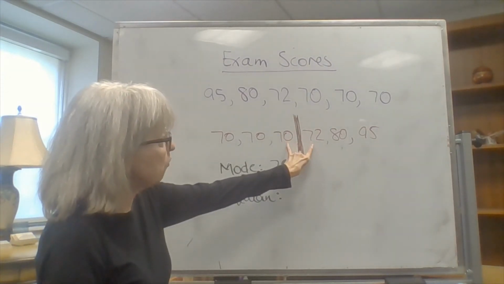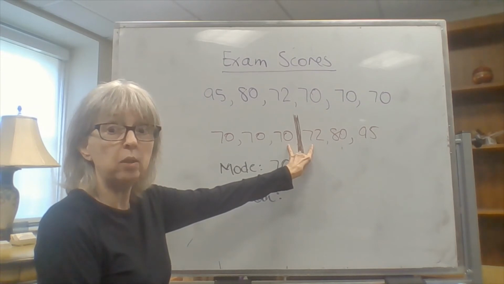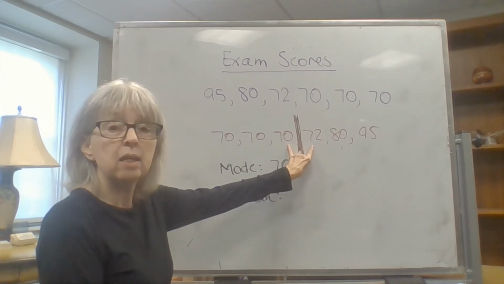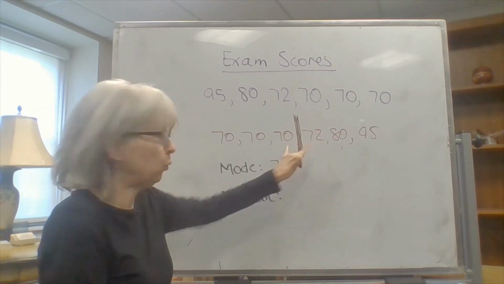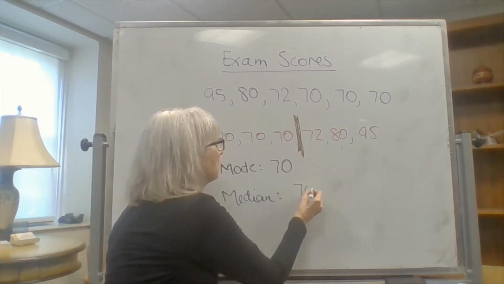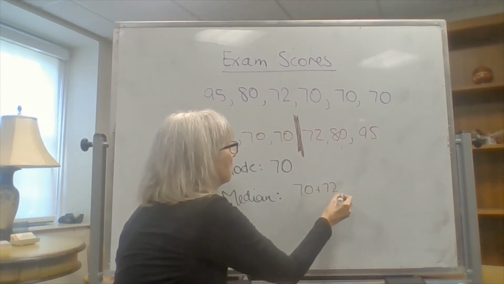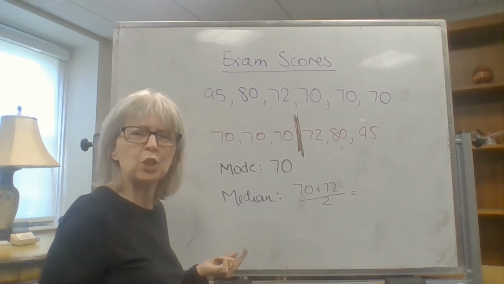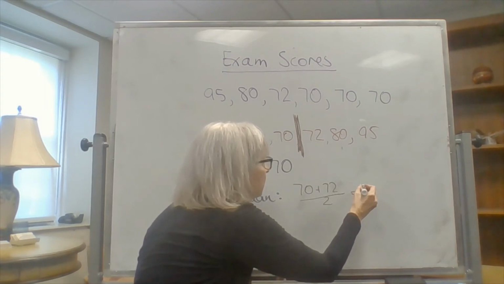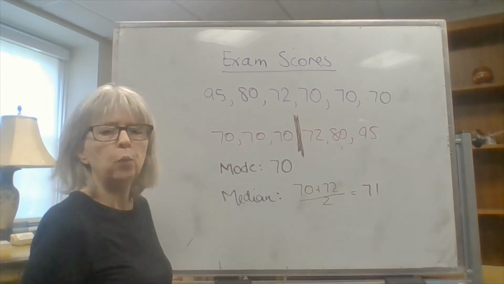And then you hyper focus on the 2 numbers in the middle and say, what's halfway in between 70 and 72? Well, the number that's halfway between 70 and 72, you might have already figured out, is 71.